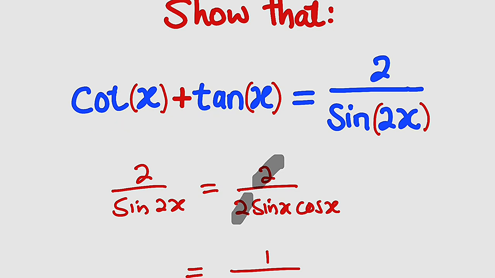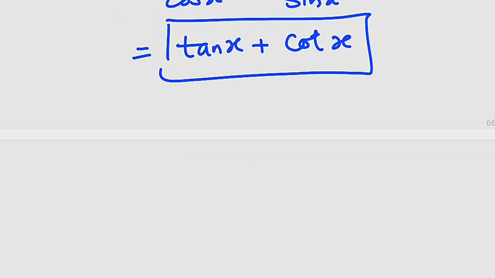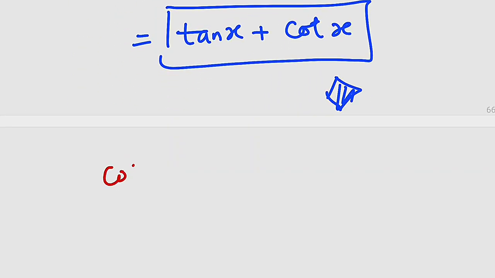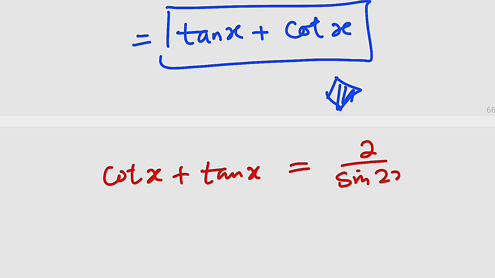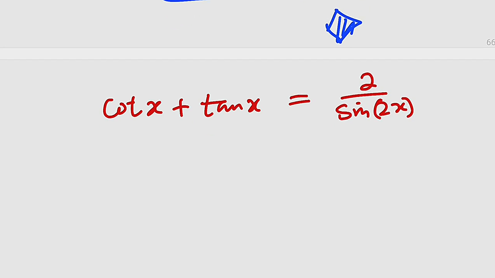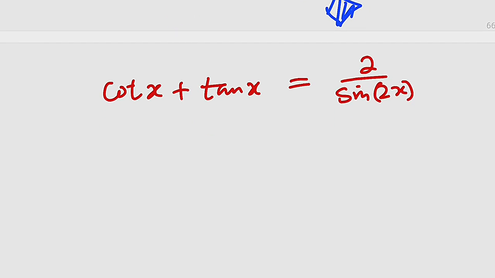So now let us take the left hand side and show that it is the same thing as the right hand side. We have cotangent x plus tangent x on the left hand side. We want to show that this is the same thing as 2 divided by sine 2x. So concentrate on the left hand side. Cotangent is the same thing as cosine divided by sine, right?